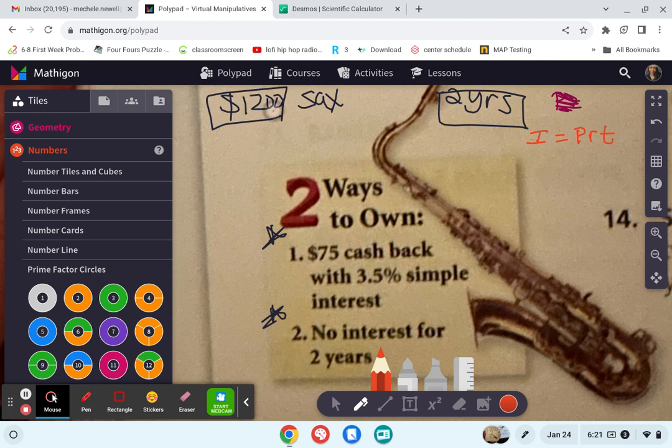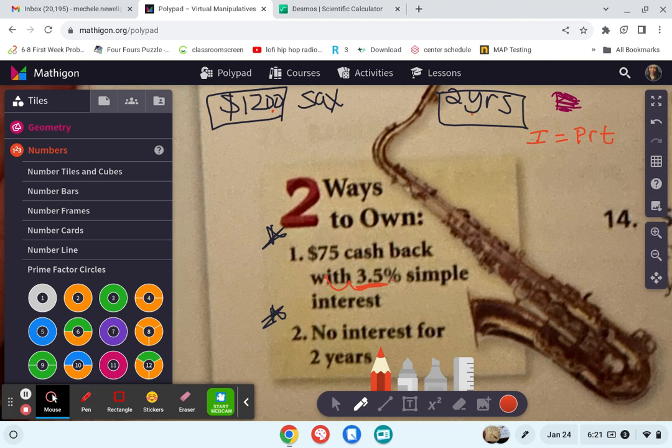Your principal amount is going to be $1,200. The time is 2 years, and they gave you the rate. It's 3.5. So you need to convert 3.5 to a decimal. Yeah, it's a percentage right now, but you move your decimal two spaces to the left, and you'll have an actual decimal.